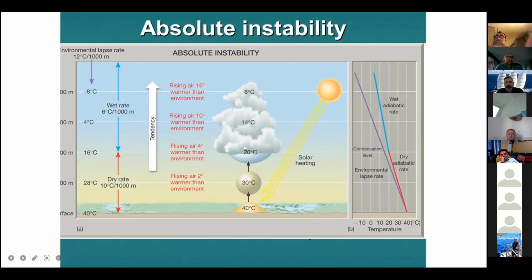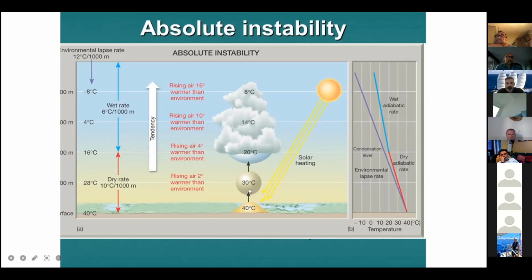If the air has a lot of moisture, then the rate would be around 6 degrees Celsius per kilometer. So you have an interesting thing here, which is this will define whether the atmosphere is stable or not.